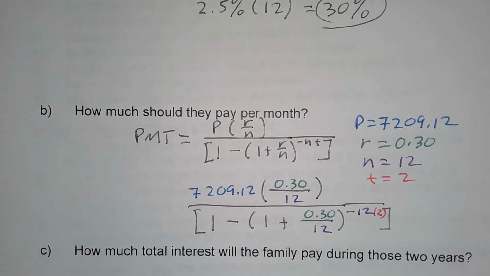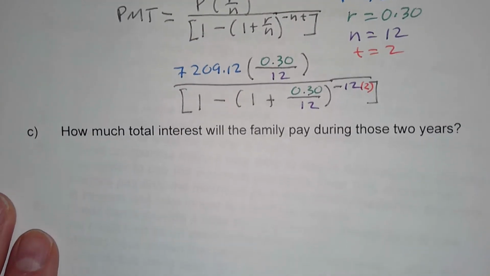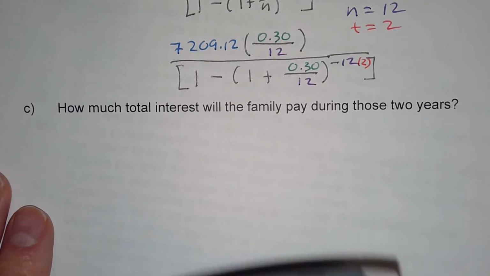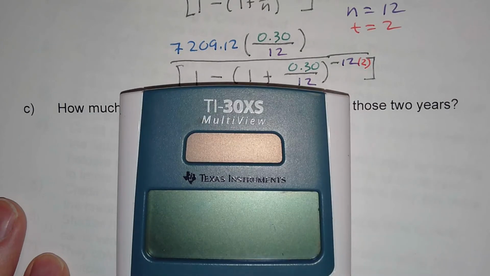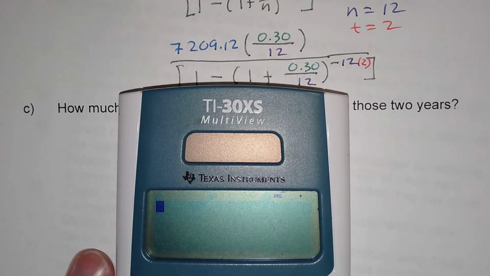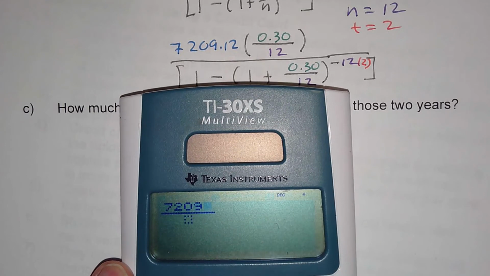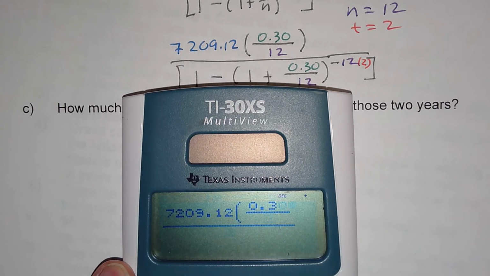Alright, so let's go ahead and calculate this. So I'm going to do my fraction key, 7209.12, parentheses, fraction, 0.30 over 12, close parentheses.